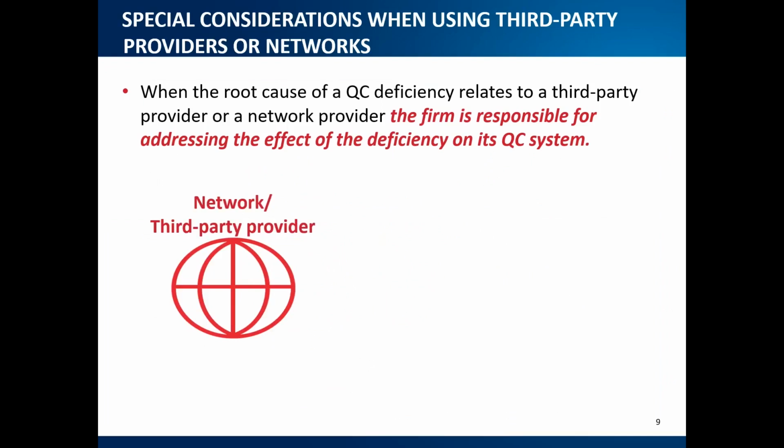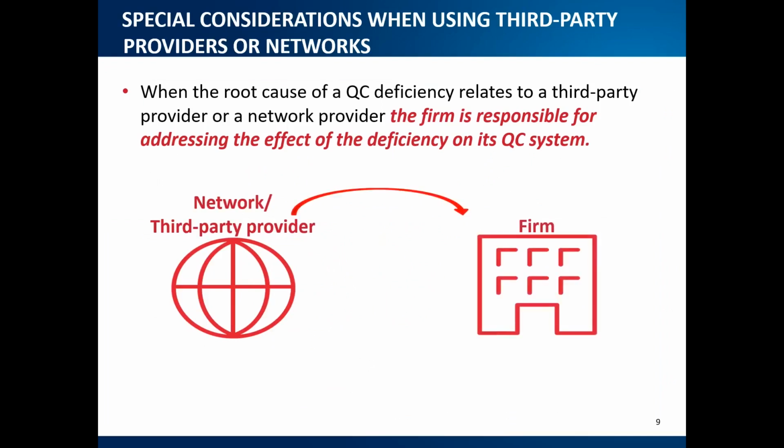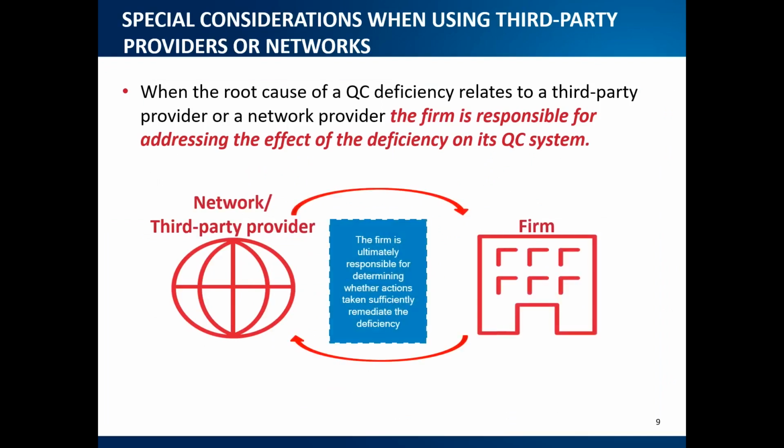In either situation, the firm is ultimately responsible for addressing the effect of the deficiency on its QC system, determining whether remedial actions taken sufficiently remediate the deficiency, and in the case of network providers, this determination is irrespective of whether the remedial actions taken by the firm are coordinated with the network or designed and implemented exclusively by the firm.